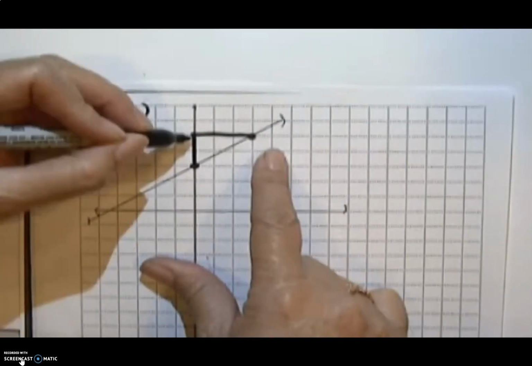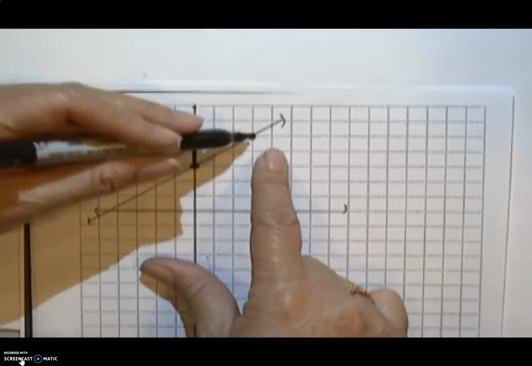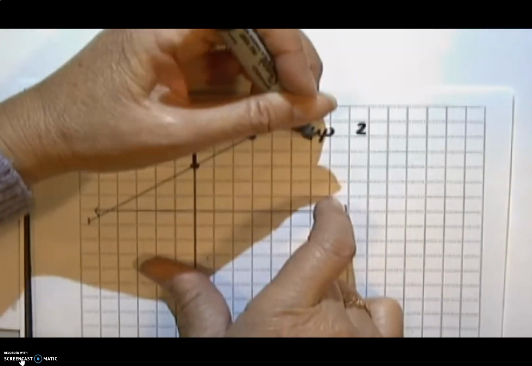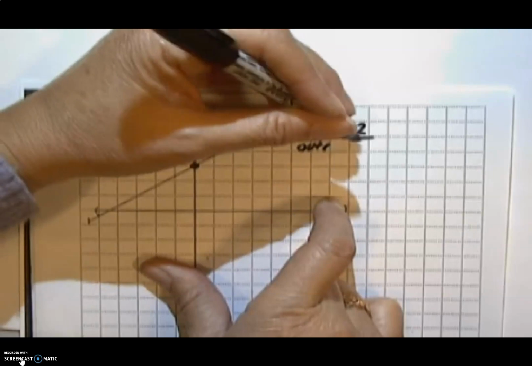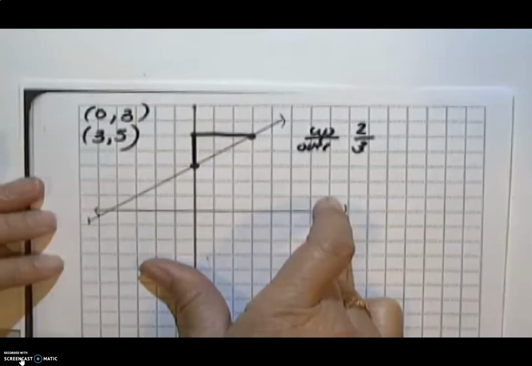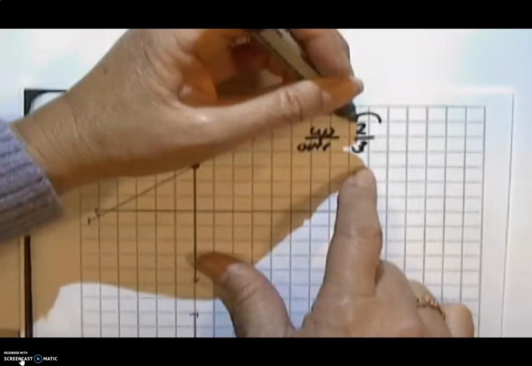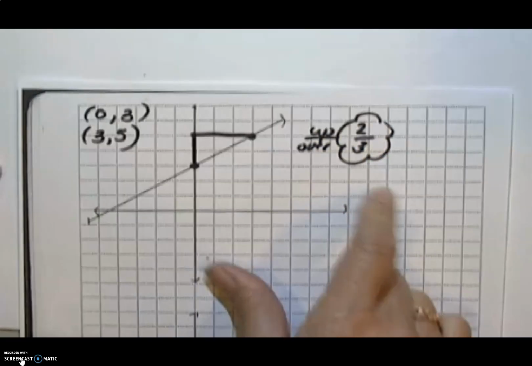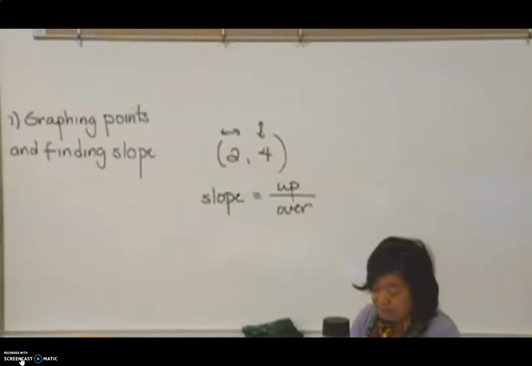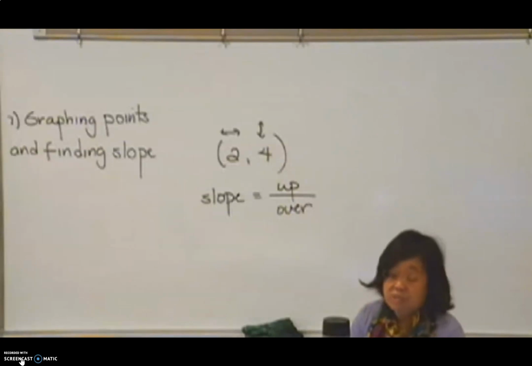So to get from here to here, we are going to go up 2, over 3, up 2, over 3. So we would say that this line has a slope of 2/3. Let's do another example.